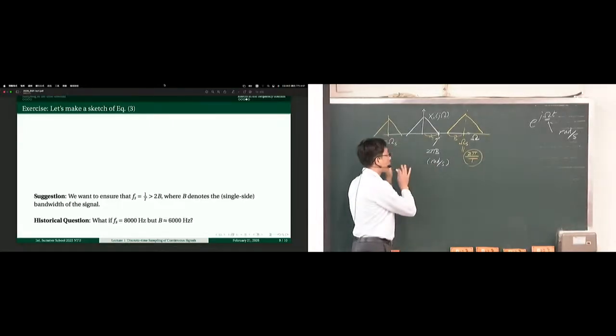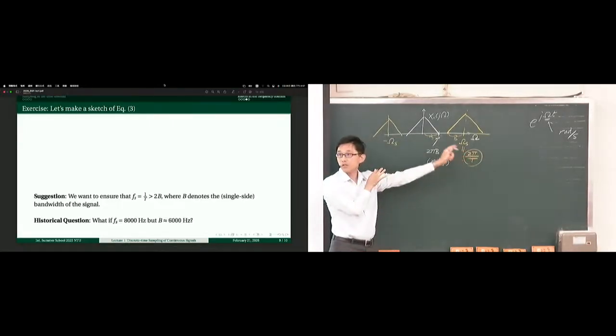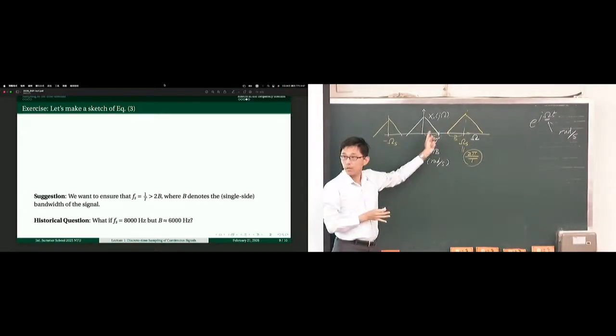We still want this shift to be far enough so the two copies don't overlap. That conclusion stays the same.